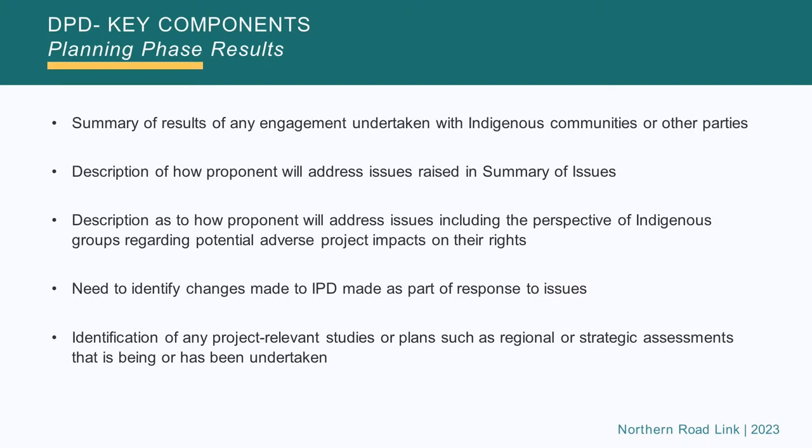It would describe how the proponent is going to address the issues that were identified in the summary of issues after the initial project description was reviewed. And a description as to how the proponent will address issues that are Indigenous related. So these could be potential adverse impacts on Indigenous rights as well.